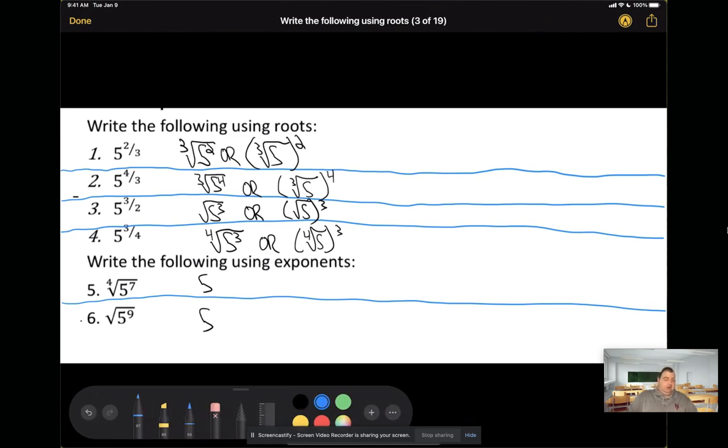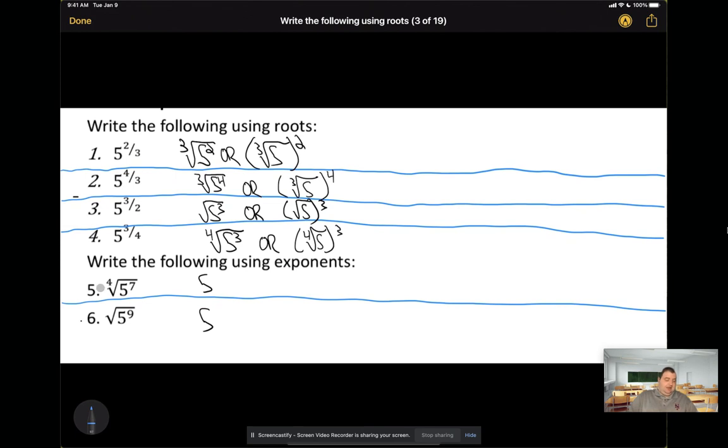In number 5, I have a fourth root. That tells me that the denominator of the fraction is going to be 4, which means the numerator is going to be 7. So number 5 is going to be 5 to the power of 7/4.